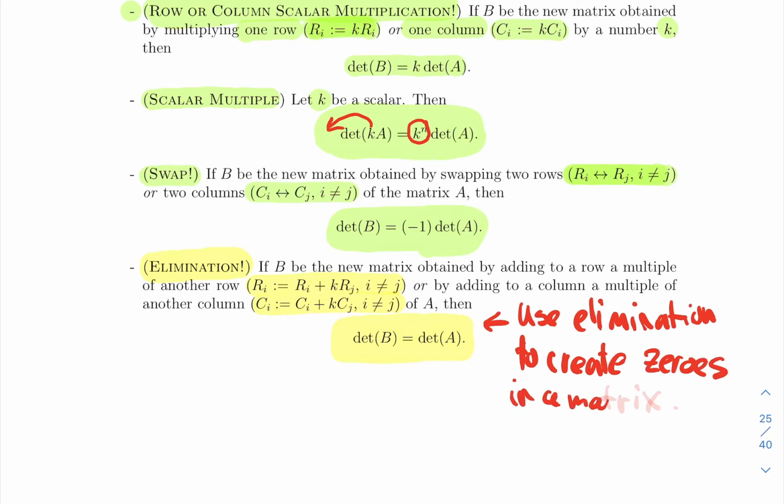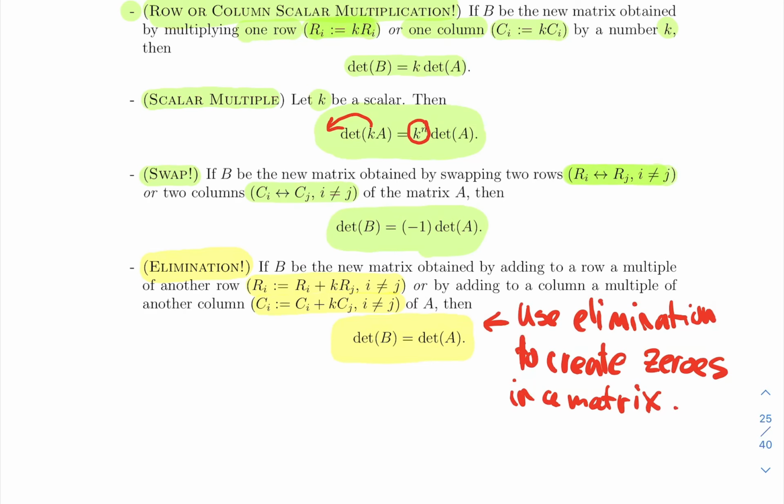And if you're familiar by now with determinant computation, you know that the more zeros you have in a matrix, the easier it's going to be to compute its determinant. So if you do elimination on rows or columns, you're not going to change the value of its determinant. Then you might as well do some elimination and create some zeros so that you can simplify the number of steps in your determinant computation.